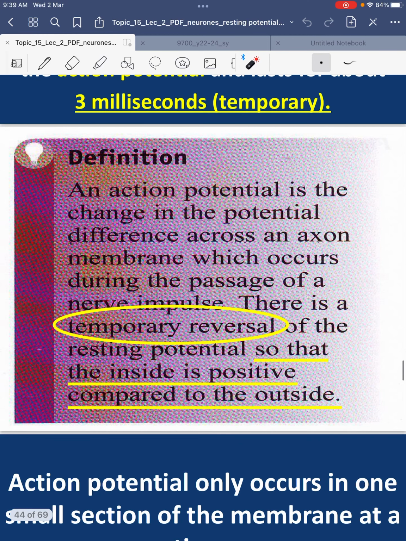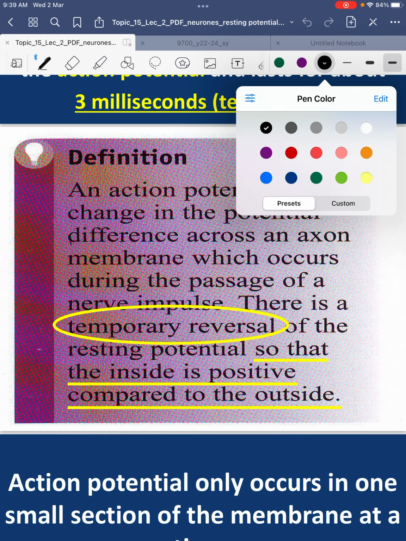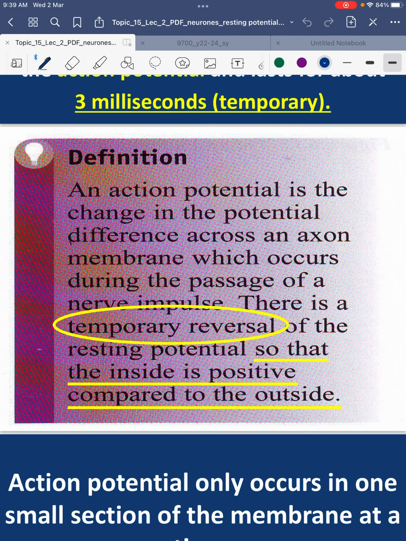So action potential is the change in the potential difference across an axon membrane, which occurs during the passage of a nerve impulse. There is a temporary reversal, minus 70 millivolt to plus 40 millivolt.